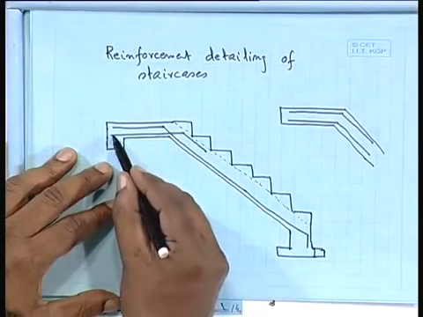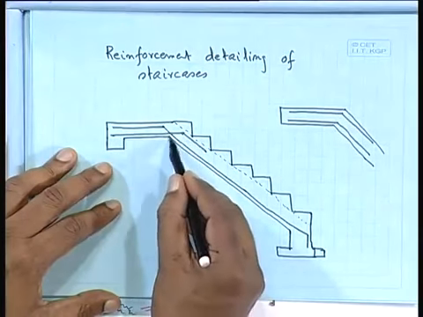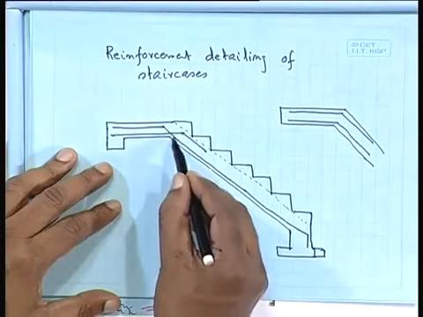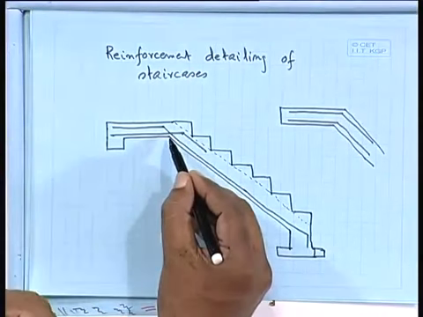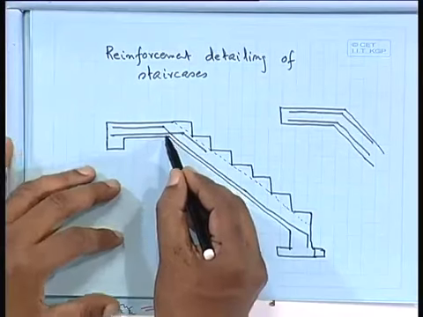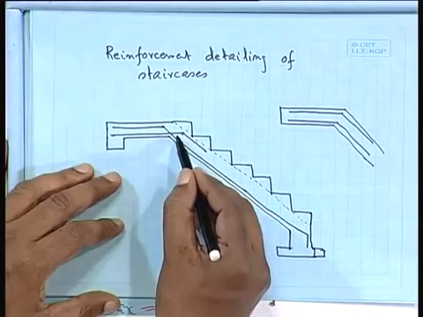So this reinforcement here is one, and this is another one, because if we have only one, there is a chance of cracking, and the concrete will come out. To avoid that, in this type of junction, we provide the reinforcement in this fashion.